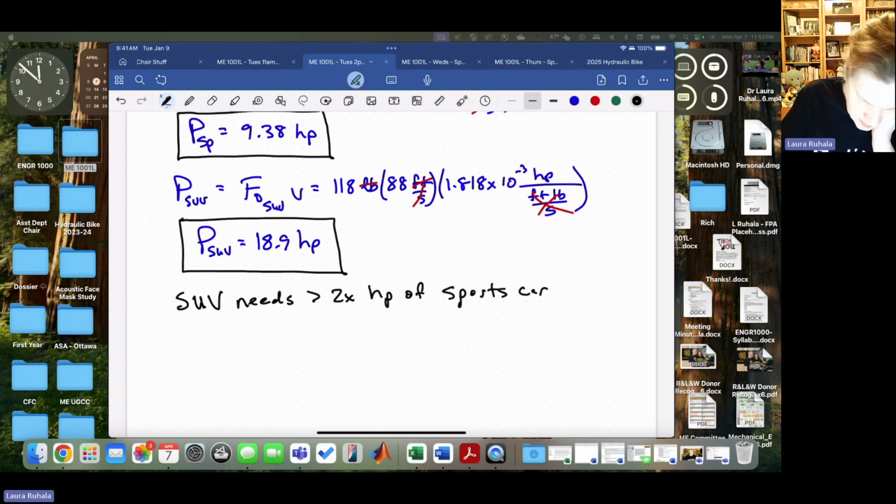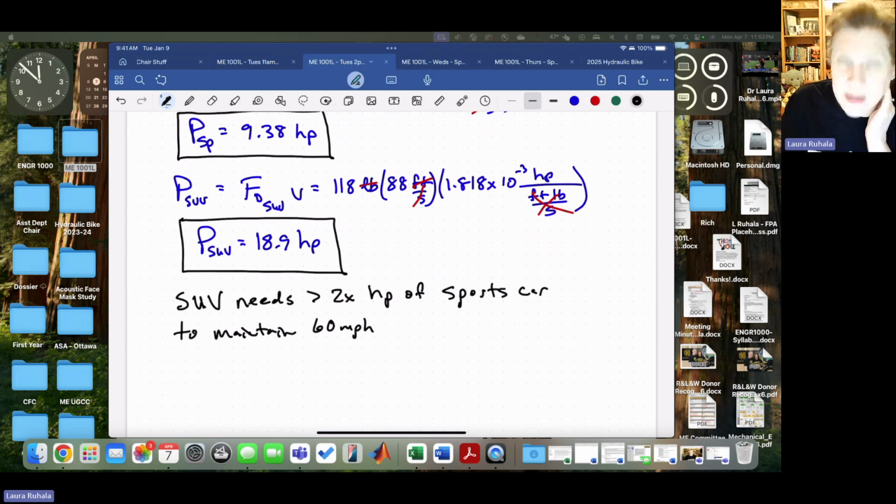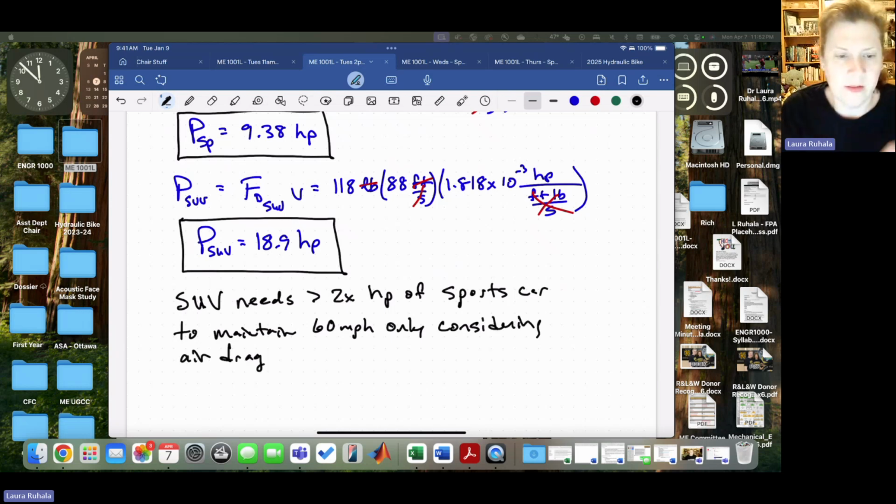And this is just to maintain the 60 miles per hour, only considering air drag, because we're only looking at the force associated with the drag of the air.